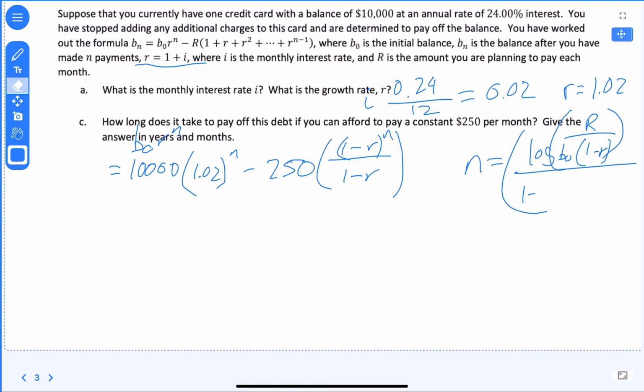Yeah. Okay. Plus R all over, like this, log of little r. We have big R, we have little r, we have the original. Yeah, so we can just do that.